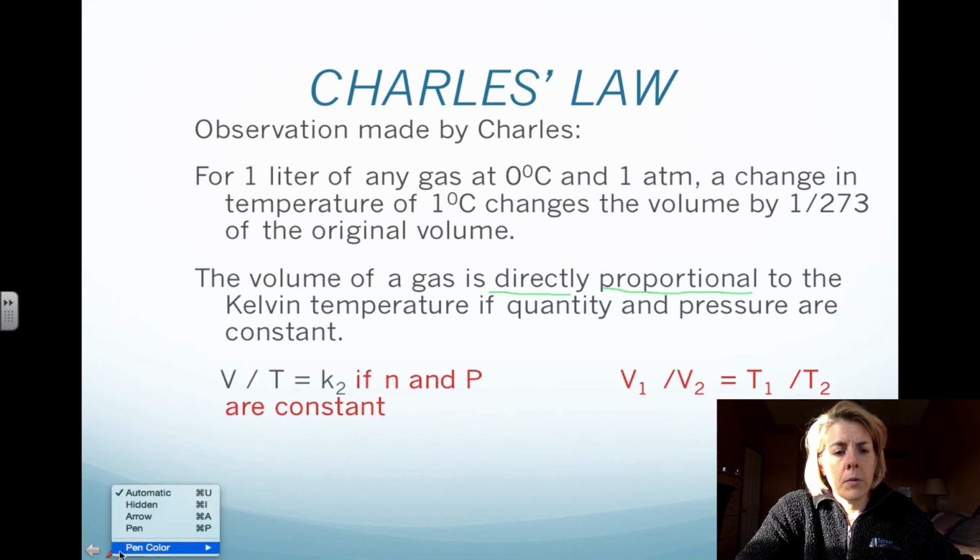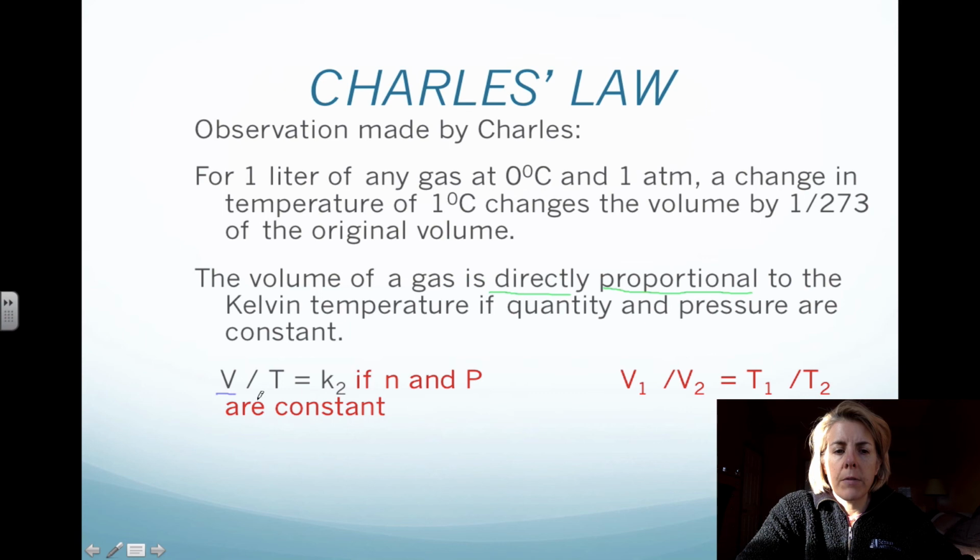Because it's proportional, and this is sometimes confusing for students, you take volume divided by temperature, and that gives you a constant. So if we were to solve for an unknown, V1 divided by T1 equals V2 divided by T2. If we wanted to solve for T2, we would take these three numbers and calculate them together.